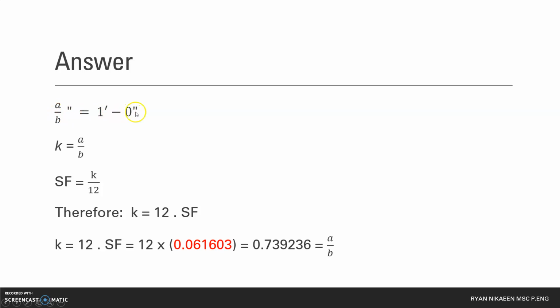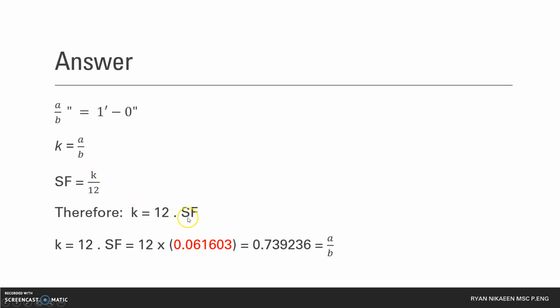This was the definition. I call this one K, and the scale factor became K divided by 12. Now I want to do it the other way around. So I want to find K. So I have the scale factor. So 12 times the scale factor gives me K.